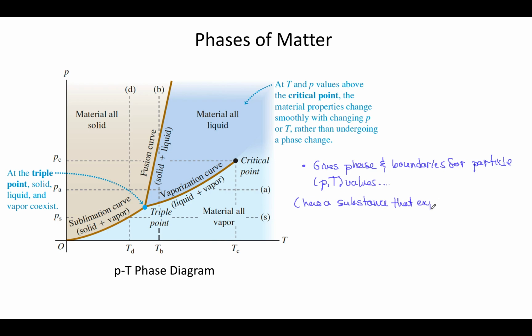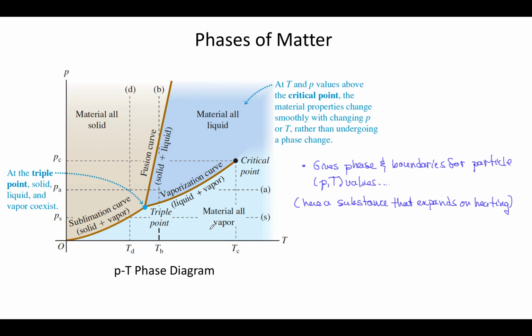Things would look interesting if it contracts on heating, and there are some. And so what do we have here? We have a couple things to see. They show you in the upper left, this is the solid area.